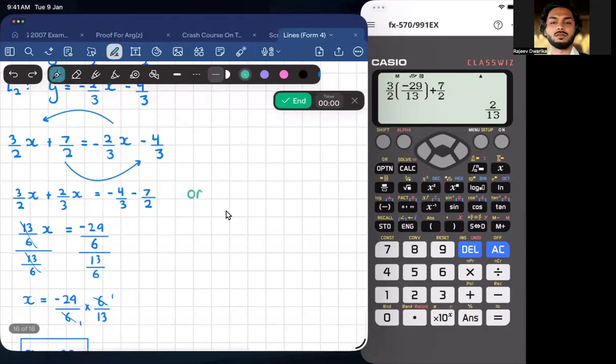Yes, sir. What's the LCM between 2 and 3? The answer is 6. LCM just means lowest common multiple.